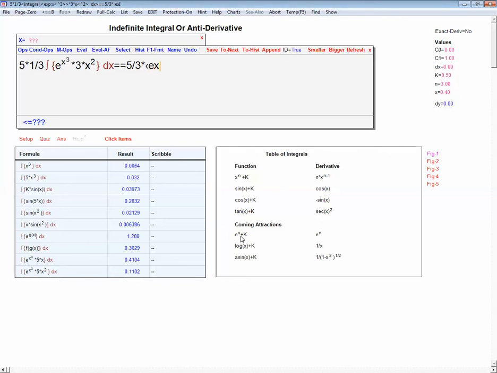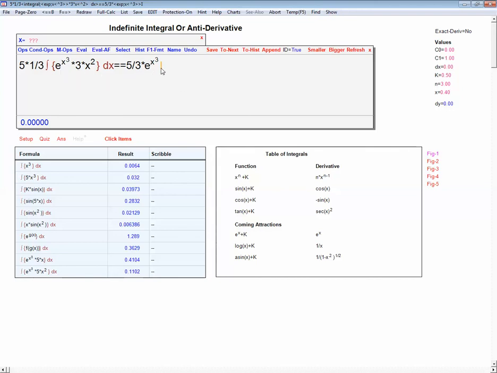So this is going to be times exp of x cubed. You evaluate the antiderivative of the outer function at the inner function. Notice you don't integrate the inner function and put like x to the 4th over 4 there. X cubed stays the same.